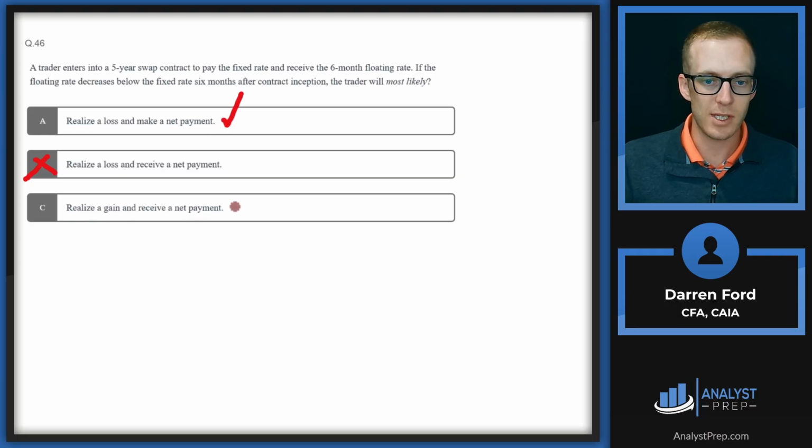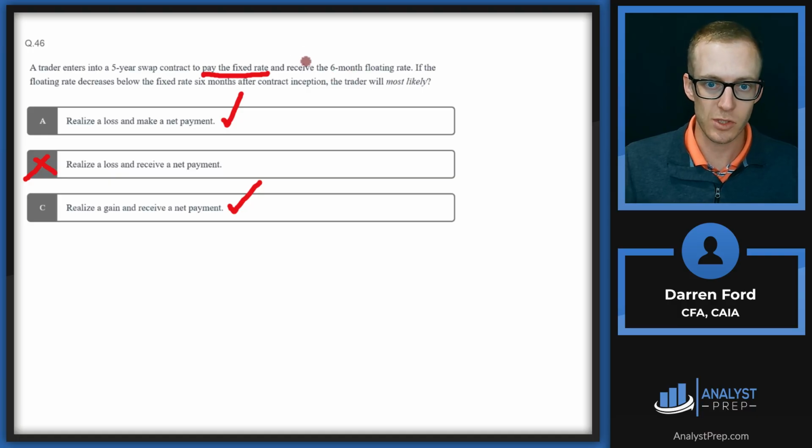So A and C both make sense from what they actually say, but let's figure out what it's going to be. If we're paying fixed rate, we're locking in the rate that we're paying. So let's say that we're paying 5%, and then we're receiving the floating rate. This is the rate that's locked in, can't do anything. This is the rate that can go up and down.